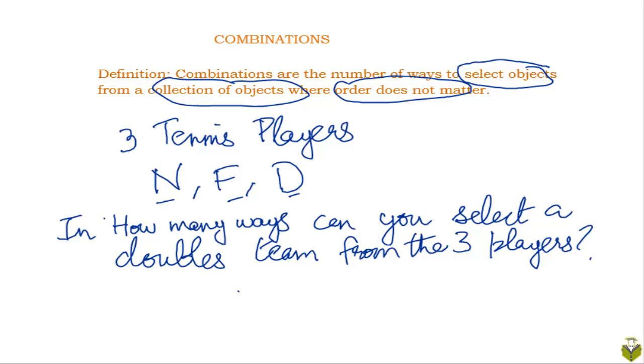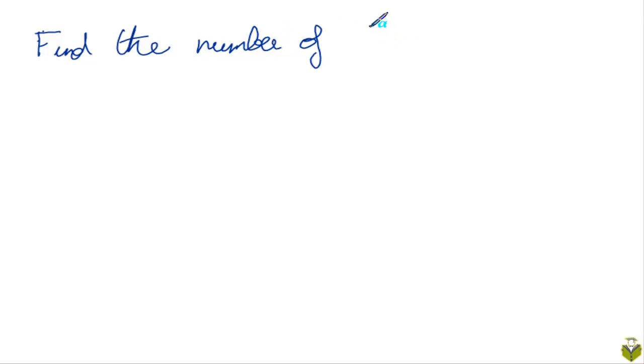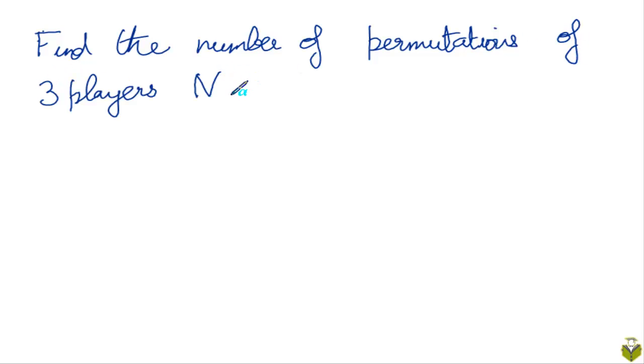So we'll just do the problem. Find the number of permutations of 3 players N, F, and D taken 2 at a time.